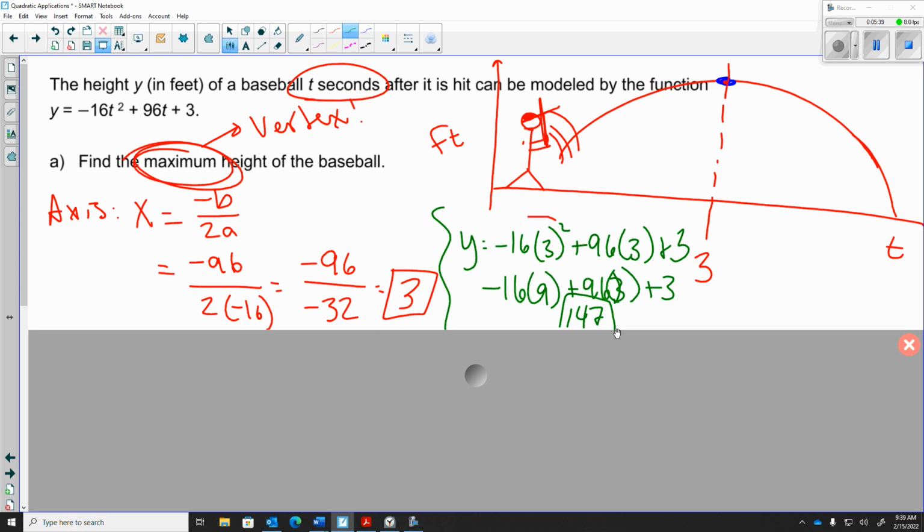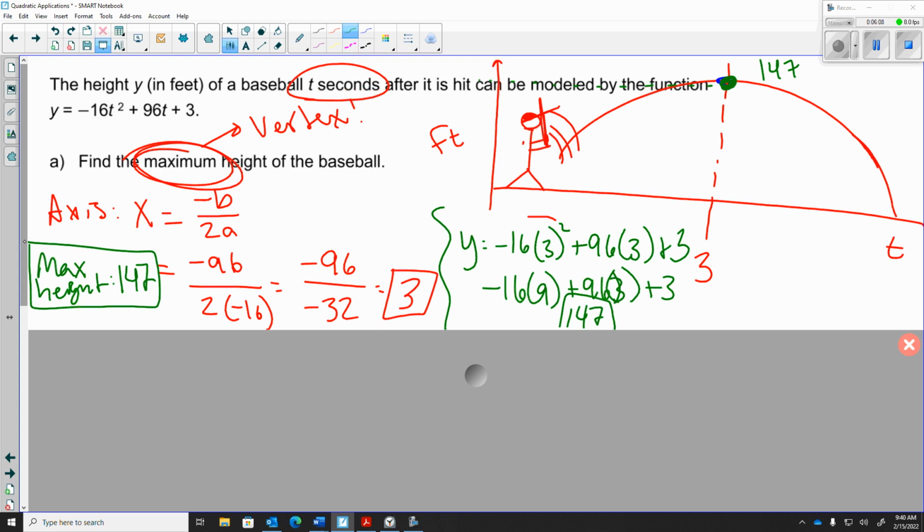That means up here, 3 seconds in, you are 147 feet up in the air. So the max height is 147 feet. Not bad. And it took you 3 seconds to get there.